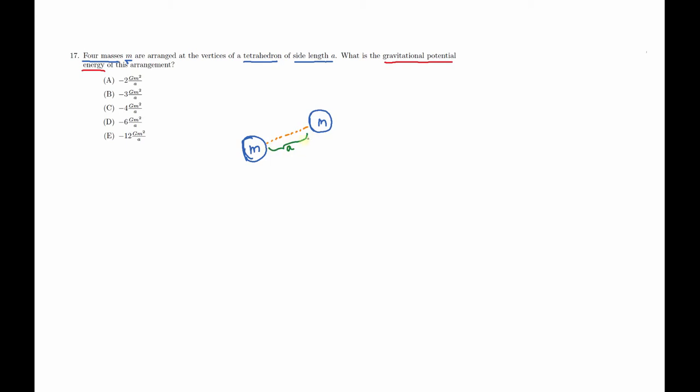So the formula for the gravitational potential energy is PE equals negative, because it's more stable if they attract each other, so they lose energy by attracting. G times M times another M, because we have an equal mass.